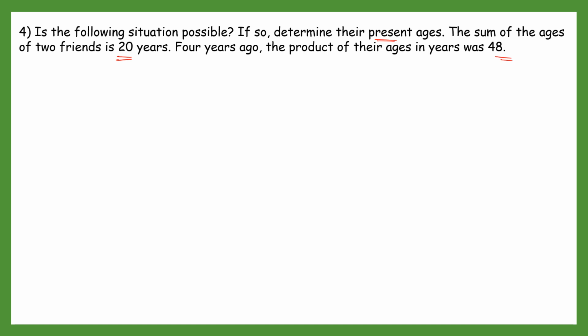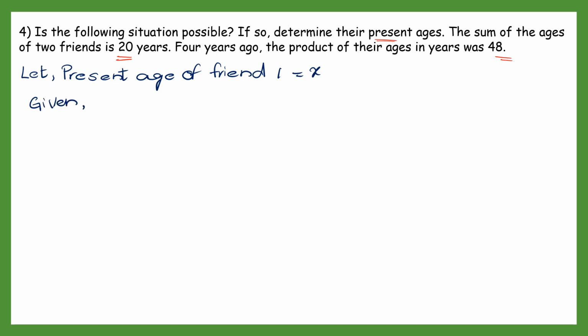Let's see. We don't know present age of two friends. So let us consider present age of friend 1 is equal to x. They have given sum of their present ages is 20 years.